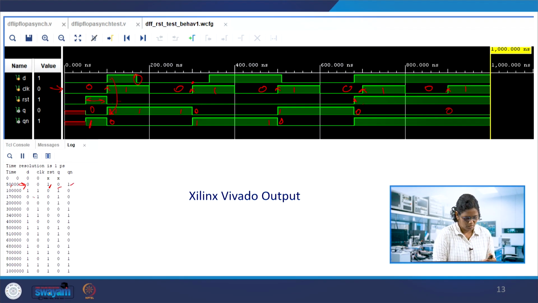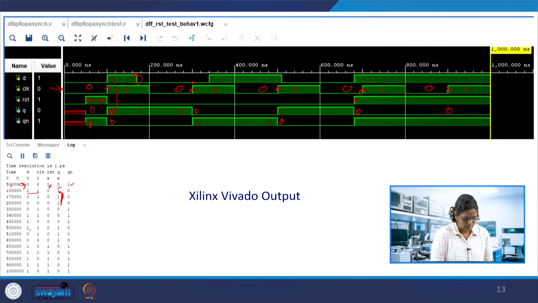Similarly you can observe at 100, when the data is passed, it takes the D value to Q, and this Q is maintained, though the data is changing in these places.